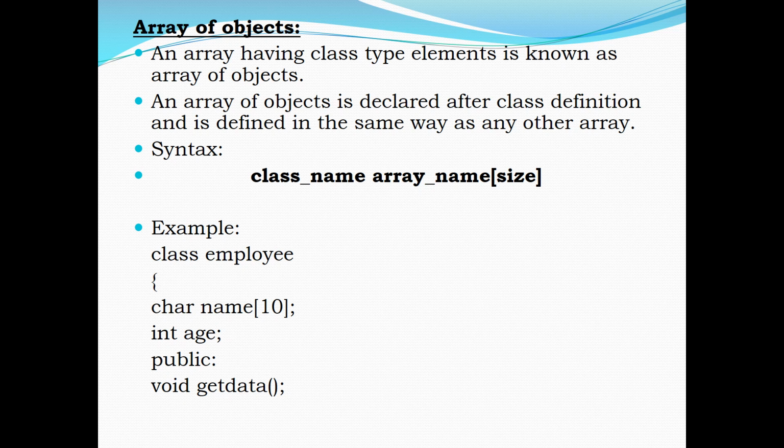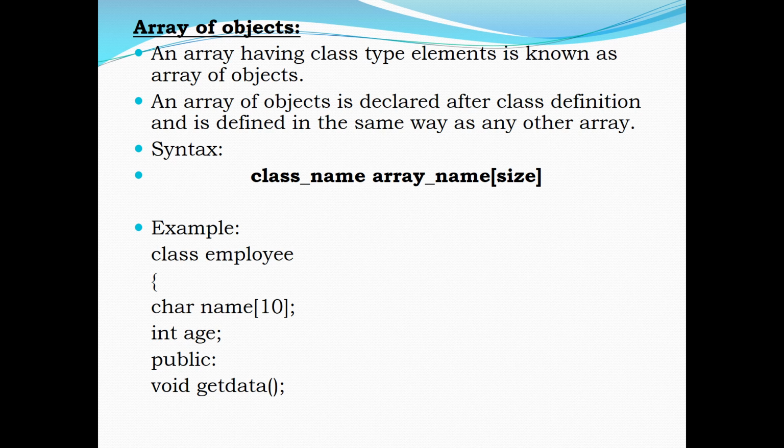Arrays of objects. Like an array of other user-defined data types, an array of type class can also be created. The array of type class contains the objects of the class as its individual elements. Thus, an array of a class type is known as an array of objects.